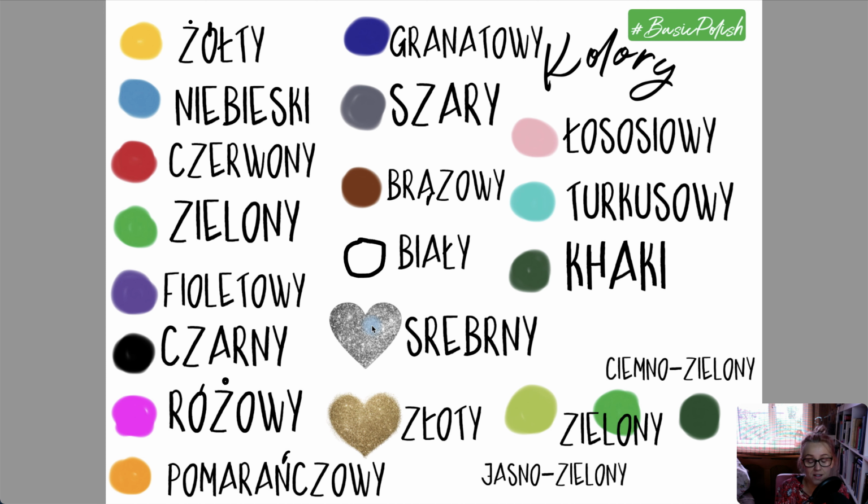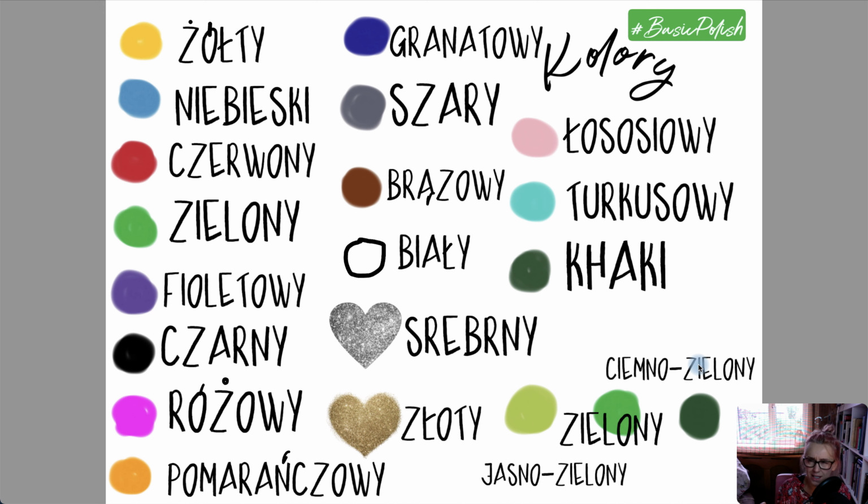Biały. Srebrny. Złoty. Łososiowy. Turkusowy. Khaki. Jasnozielony. Zielony. Ciemnozielony. Great. I hope this explained a little bit more.